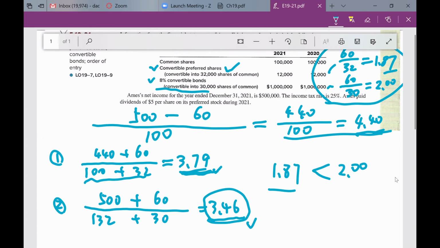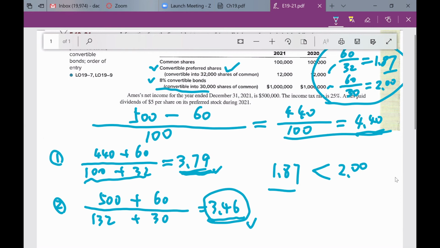That makes sense? Okay, you do step by step. Any step where the number is greater than the previous step tells us this is anti-dilutive. You forget about that. Okay, you stay with the original one.